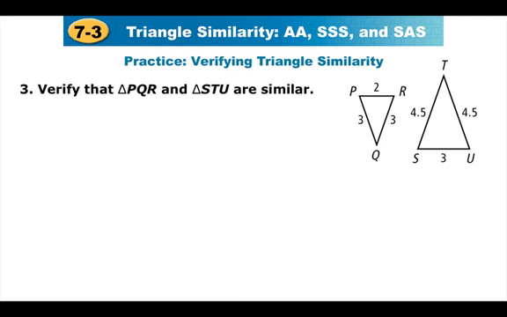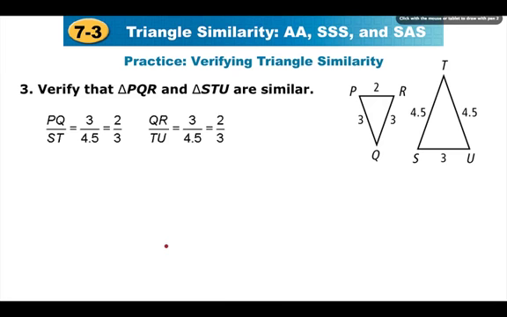Verify that triangle PQR and triangle STU are similar. Notice that PQ and ST are corresponding sides, and they give us a ratio of 2/3. QR corresponds to TU, and again they give us the same ratio as the previous one.